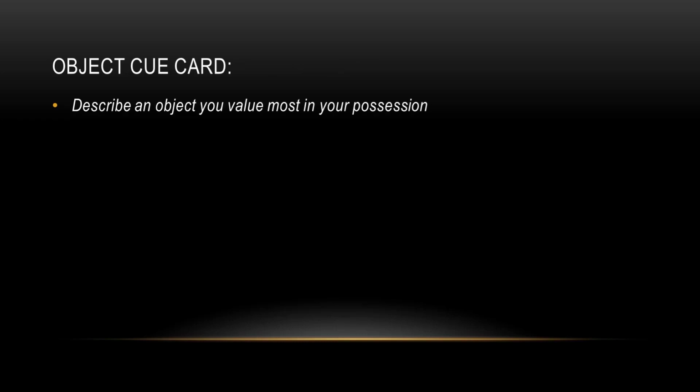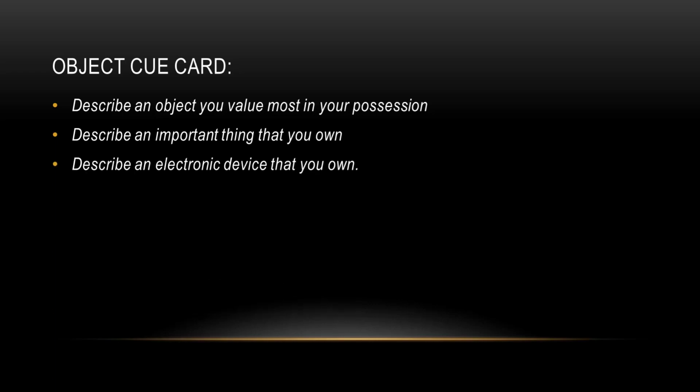Some examples today I will provide you. The first example is: describe an object you value most in your possession. So it's totally an object. Describe an important thing that you own. By this way, the examiner might ask you about an object-related cue card. Describe an electronic device that you own. It might be a computer, mobile, or some other thing, but you will describe it as an object.